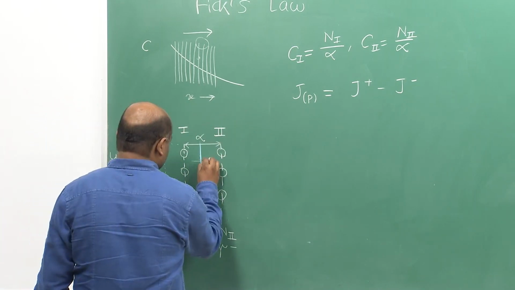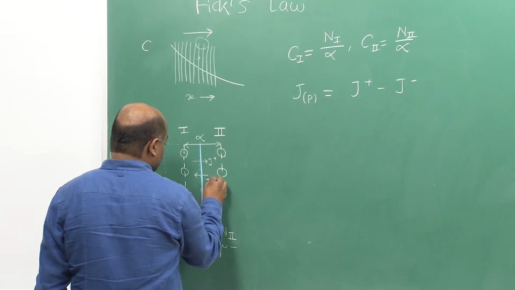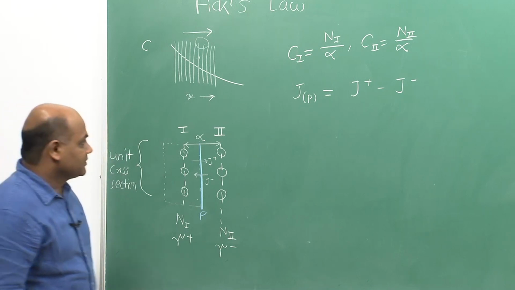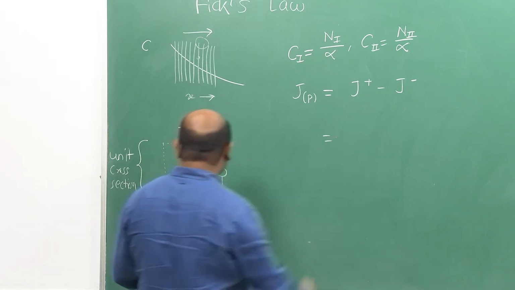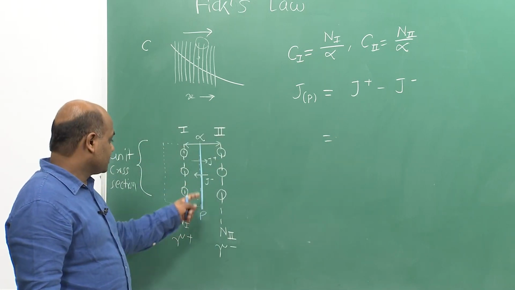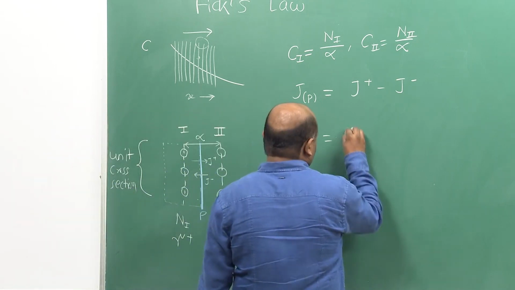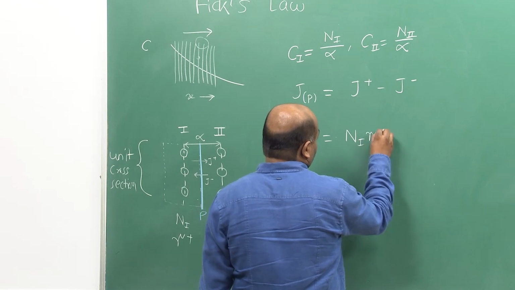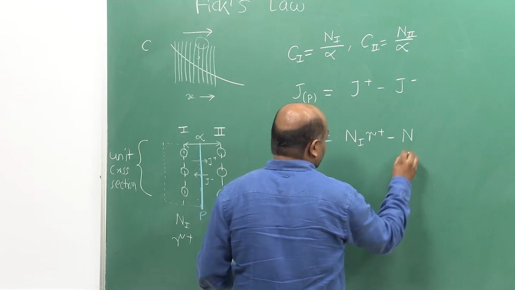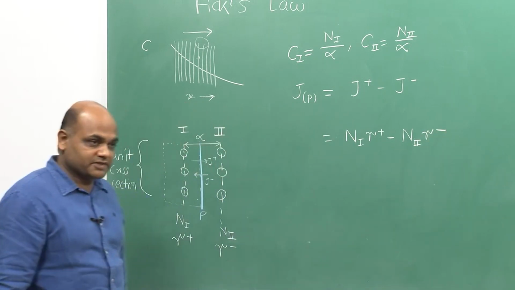So, J plus is from 1 to 2, J minus is from 2 to 1. And what will be J plus? The number of atoms jumping from plane 1 to plane 2 per unit time will be n1 times gamma plus, and J minus will be n2 times gamma minus.